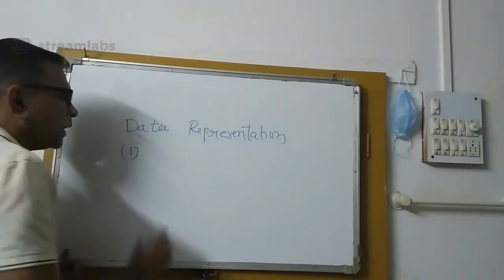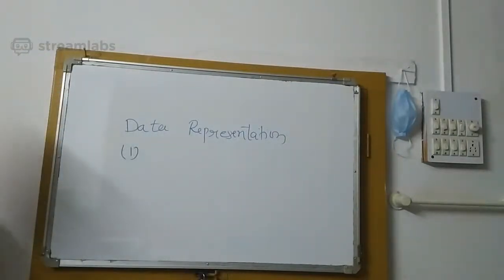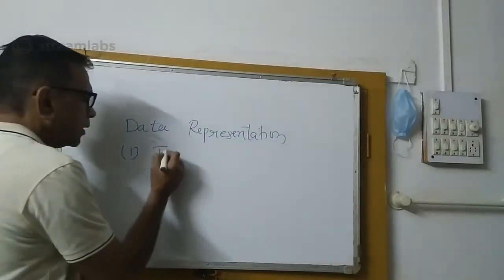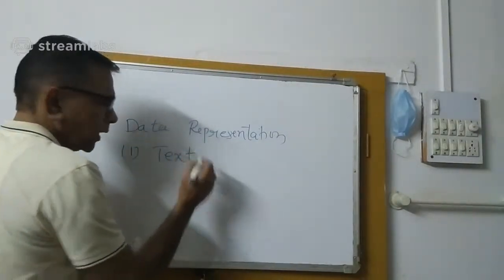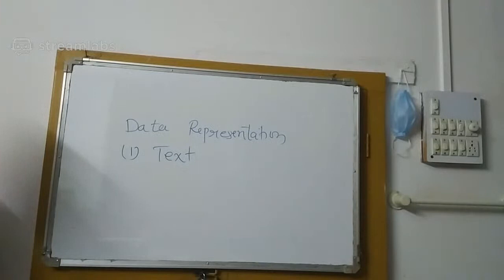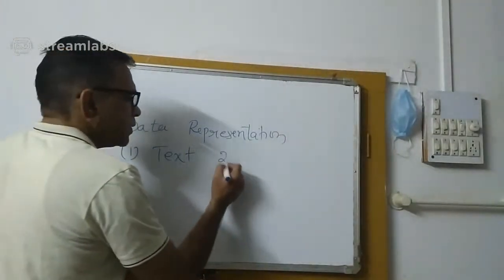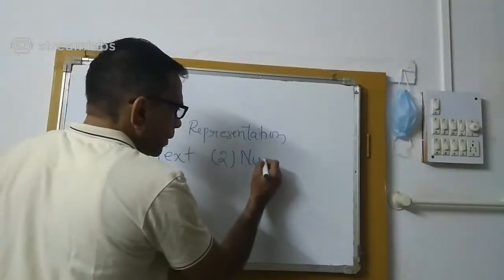So we come across different kinds of data in data communication. Earlier most of the communication used to happen through text, and sometimes numbers also will be a part of the messages.